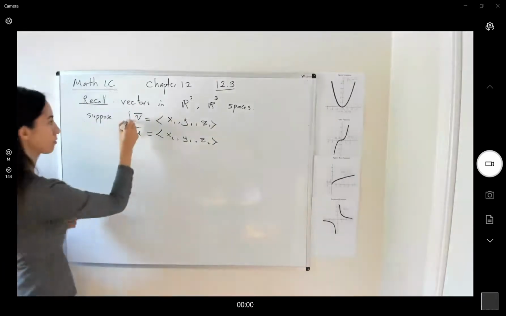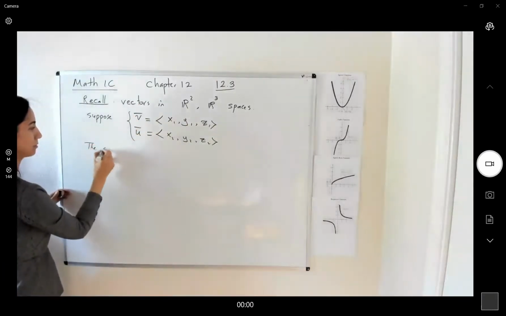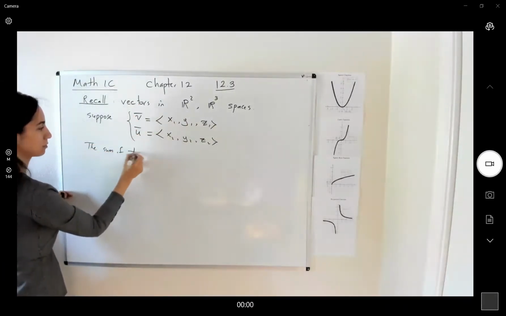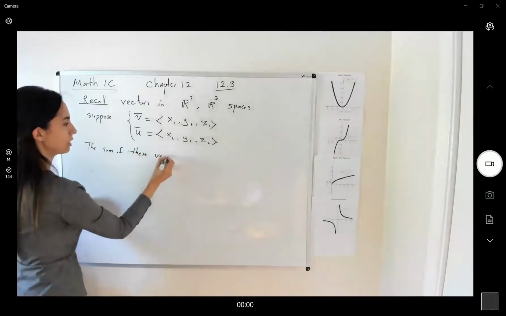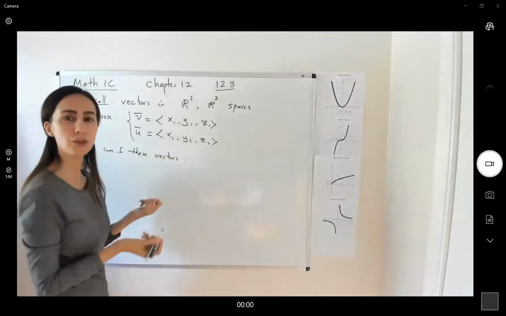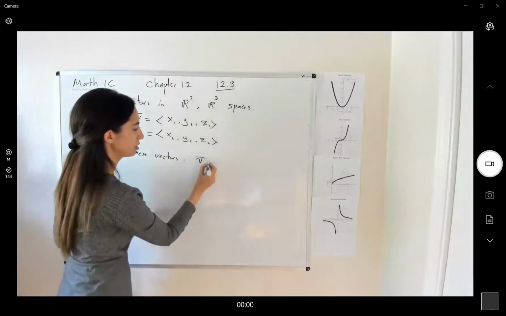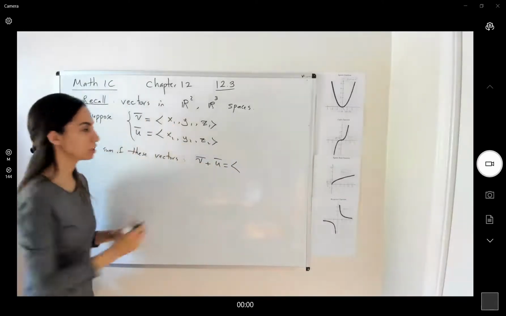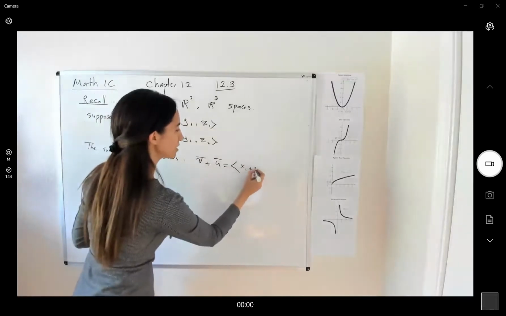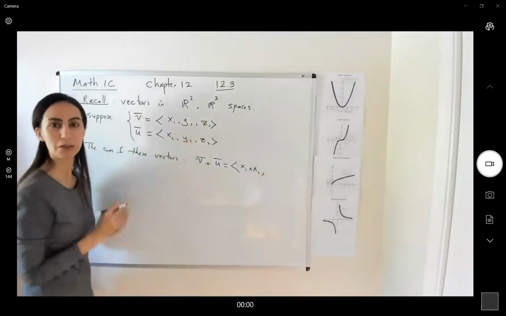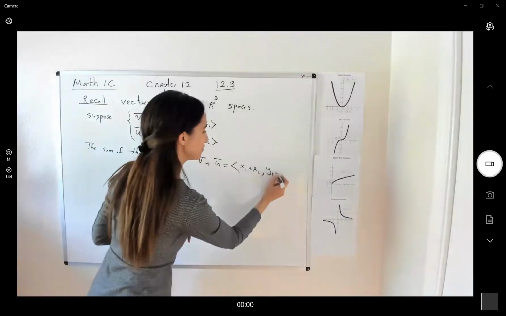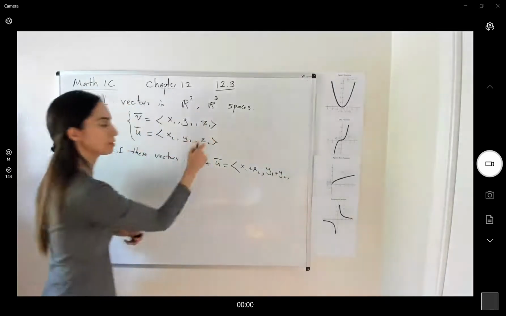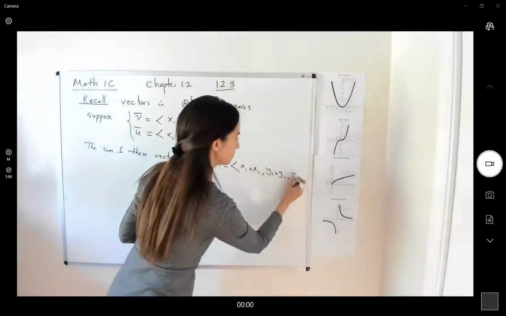So the sum of these vectors is a new vector denoted by V bar plus U bar, which is the sum of the first coordinates, X sub 1 plus X sub 2, Y sub 1 plus Y sub 2, and Z sub 1 plus Z sub 2.